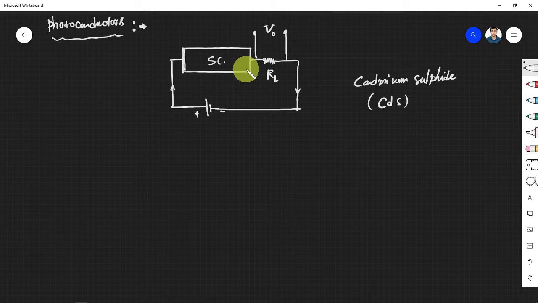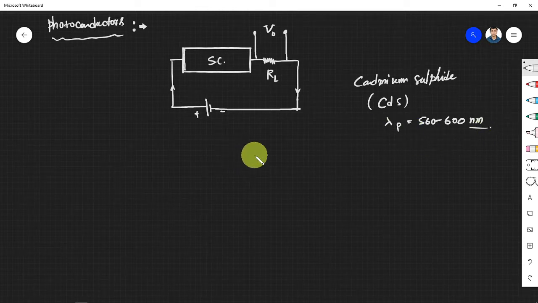Cadmium sulfide we use in our regular LDRs, which has a maximum absorption peak around 560 to 600 nanometers, so it comes in the visible region. I don't remember the exact band gap of this material, but you can guess it. So this is its peak absorption wavelength.